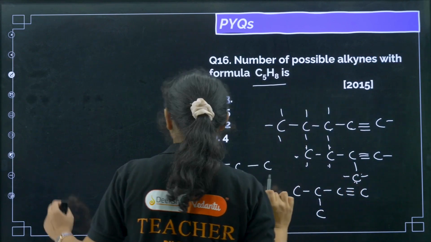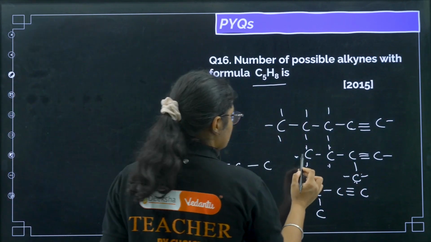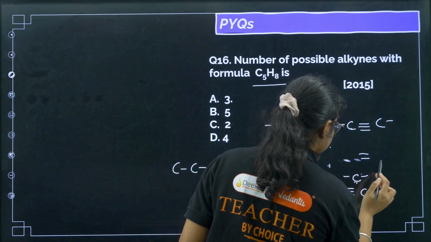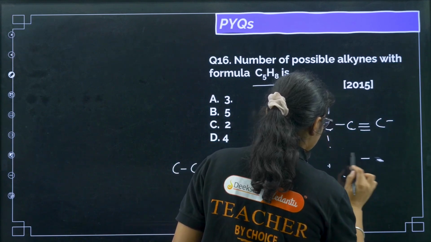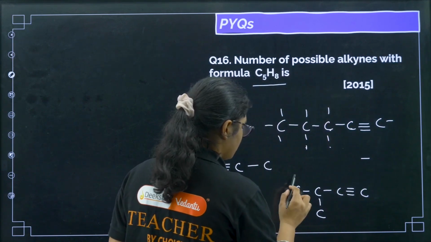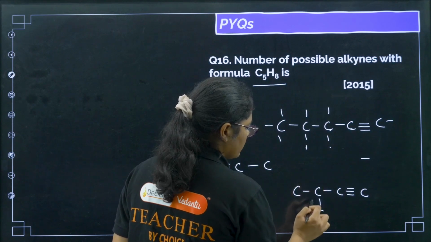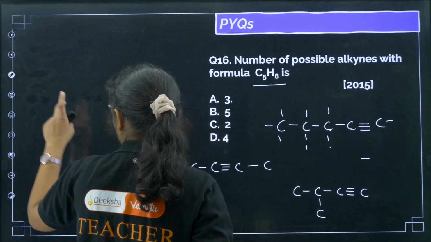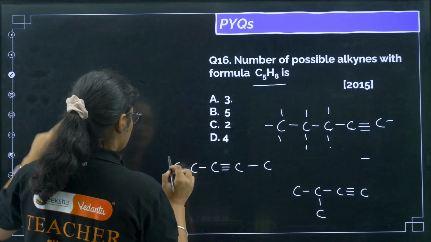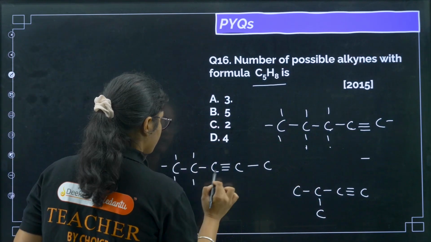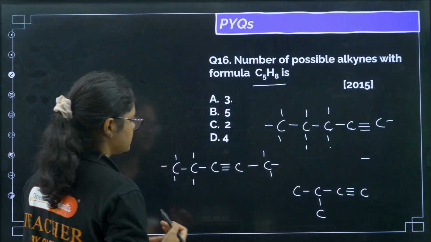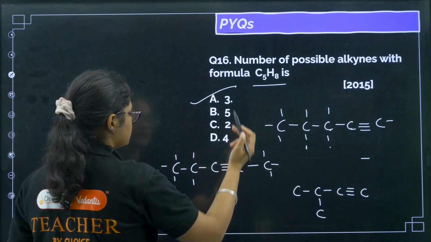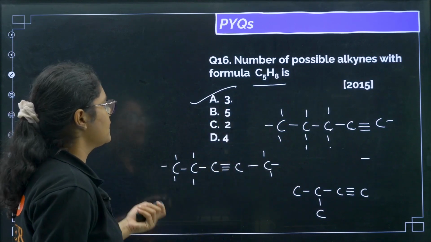Yeah, this structure is not possible because here we have 9 hydrogens. Next one, 1, 2, 3, 4, 5, 6, 7 and 8. Yes, this structure is possible. And here also I have 8. This is also possible. So we will get 3 structures, so option number A.